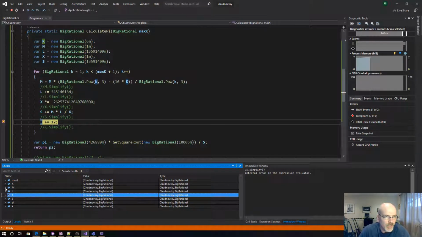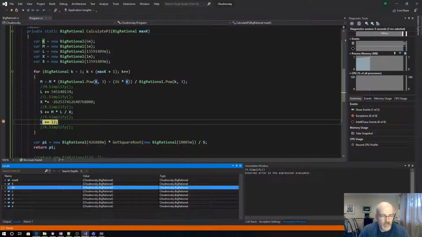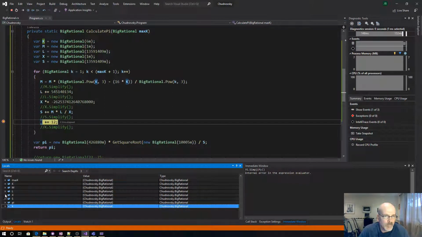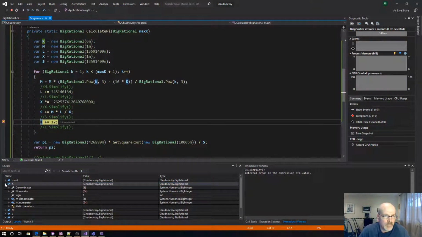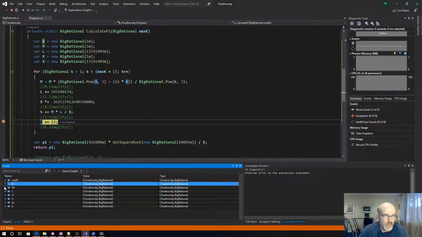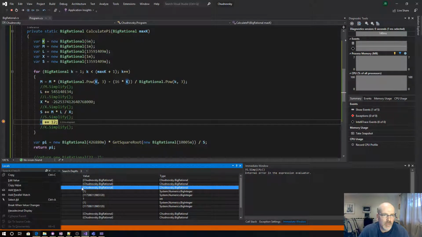Even M is kind of weird, because you'd think as you're doing this that you would be getting something from the divide, and you're not. The whole thing stays there. That's bizarre.